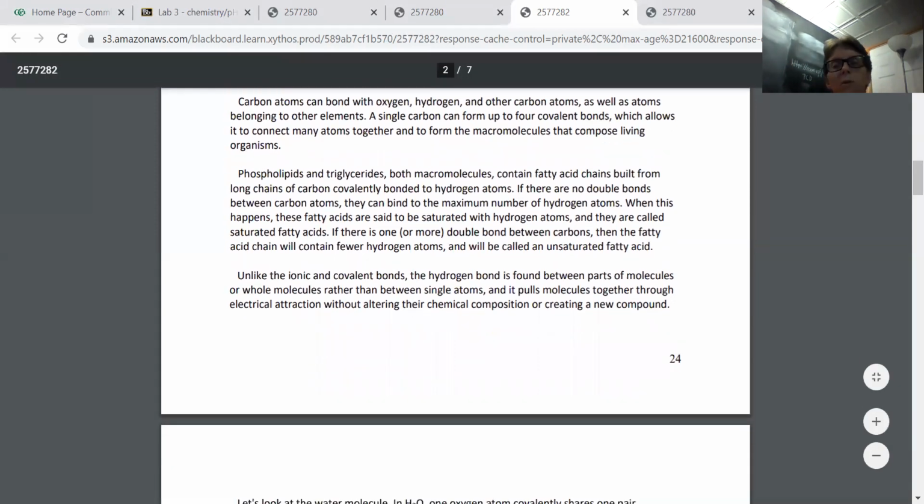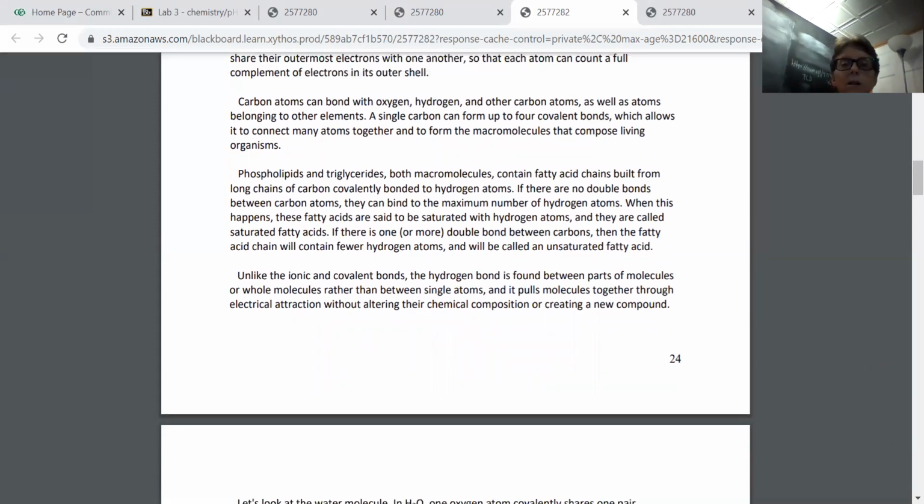Other macromolecules we can talk about are phospholipids and triglycerides. These contain chains of fatty acids, which are carbons and hydrogens, carbons bonded together with hydrogens around them. If those chains are all carbon-carbon single bonds, then you have hydrogens all around the carbons, we call that a saturated fat.